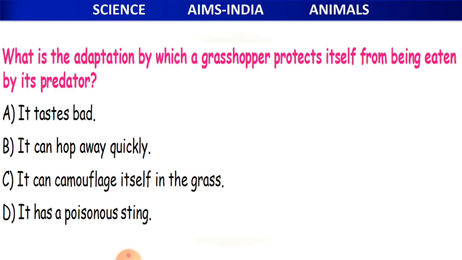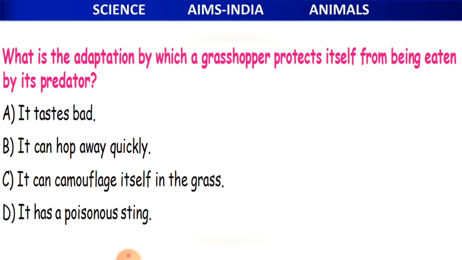Now we'll go with the fourth question here. What is the adaptation by which a grasshopper protects itself from being eaten by its predator? What is the adaptation? Like its habit. Adaptation is where they can live according to the conditions of that particular place.